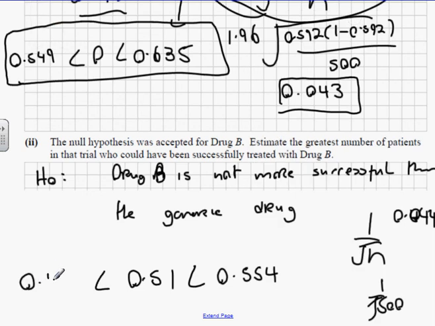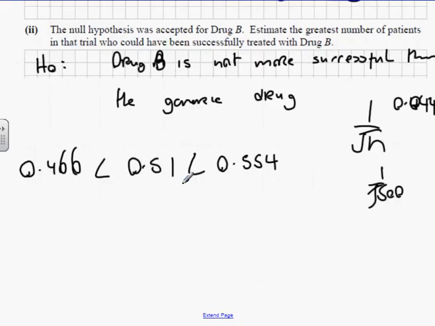0.466, okay? Now, let me explain what this means. It means that using this approximation of the 95% interval, my drug will remain the same if my test scores anywhere between 0.466 and 0.554. It's considered to be within the margin of error. The drug is still considered to be 51% effective.